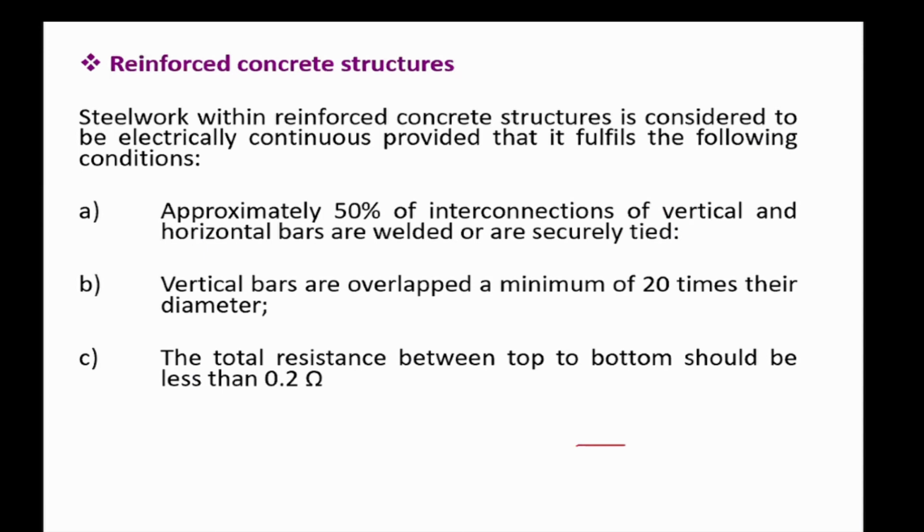Then the third one is, from top to bottom, the resistance between the topmost point of the reinforcement steel structure and that at the ground level should be less than 0.2 ohms. Usually you can achieve this without much trouble.